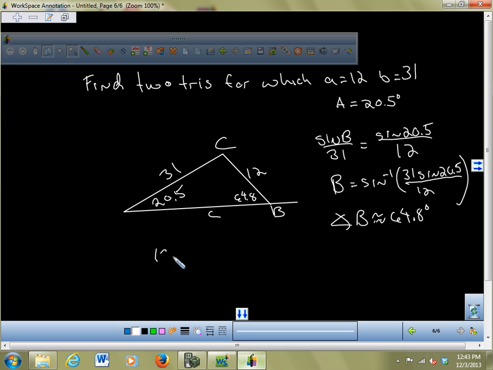Yeah, I have to subtract from 180. So 180 minus 20.5 minus 64.8. What do I get? Who can do that in their head? You get exactly 96.7. Why not? So this angle up here is 96.7, and then sine of this is to this, as sine of this is to this, and then you would find the other side, which comes out to be 94.7.